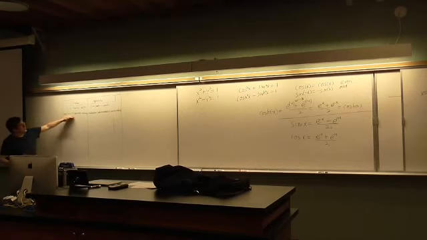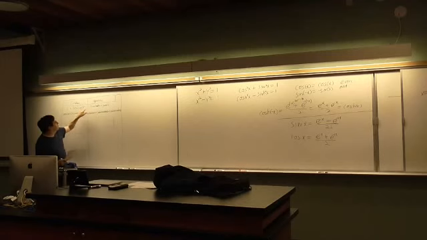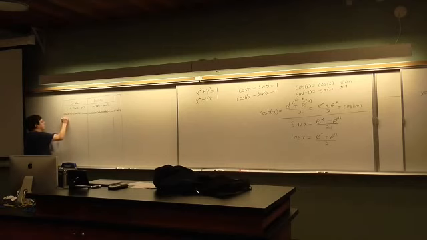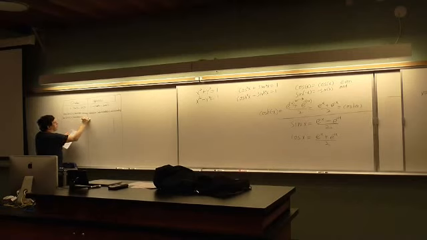Okay, the similarity is kind of astonishing. All we're seeing here is pluses and minuses switching. In the case of the sine formula, sine of x plus y is sine x cosine y plus cosine x sine y.